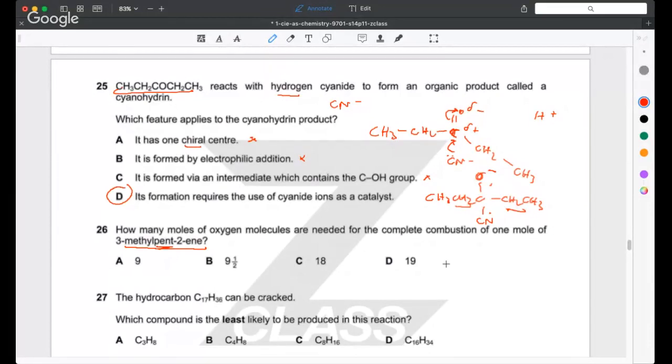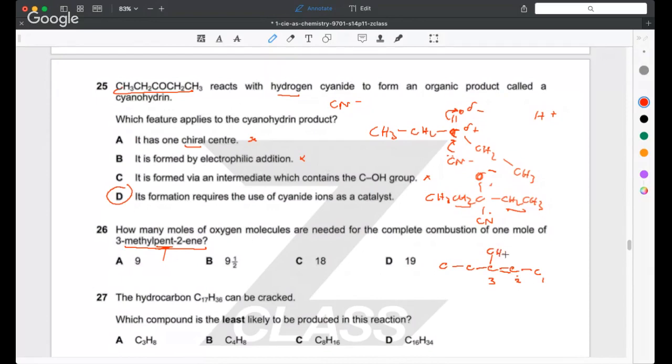So you've got 1, 2, 3, 4, 5. So that's the stem. That must mean the longest chain is 5 carbons long. And it's pent-2-ene. So you start numbering from over here. That's 1, 2, isn't it? So that's pent-2-ene.